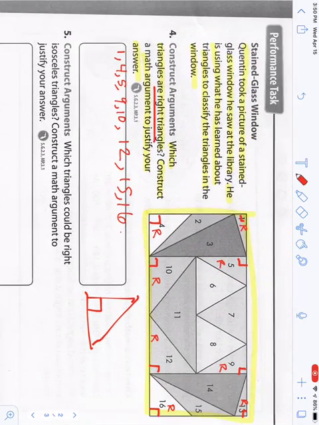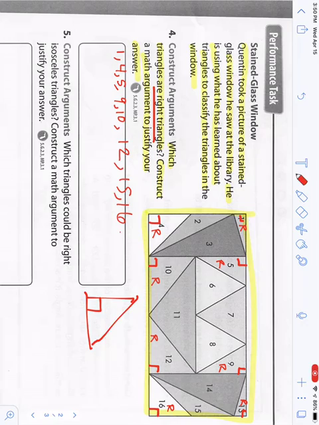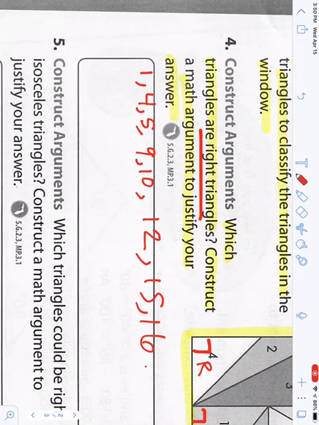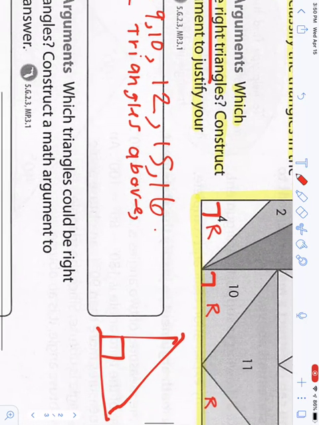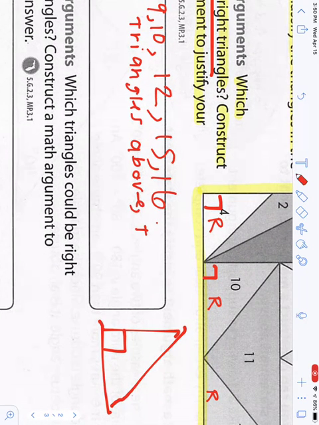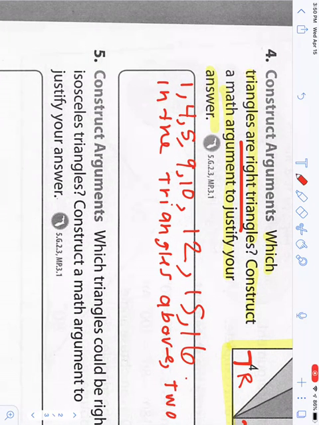Am I able to type a text? I'm going to have a friend help me do that one day. So I'm going to say, in the triangles above, comma, 2 sides make up right angles.